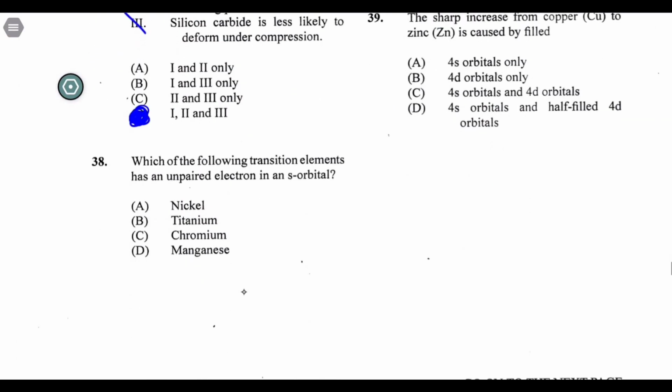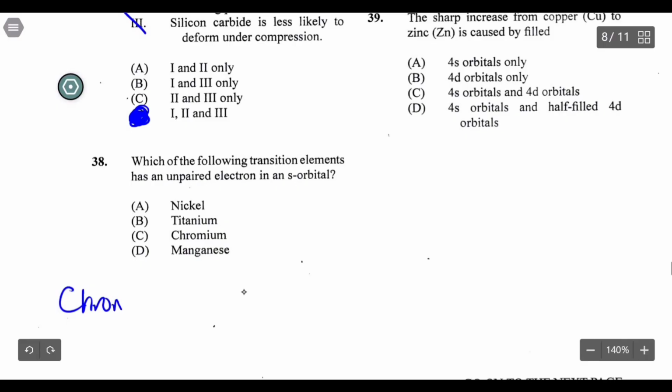38. Which of the following transition elements has an unpaired electron in an s orbital? This kind of sounds weird, but you should know the exceptions. It's chromium and copper.